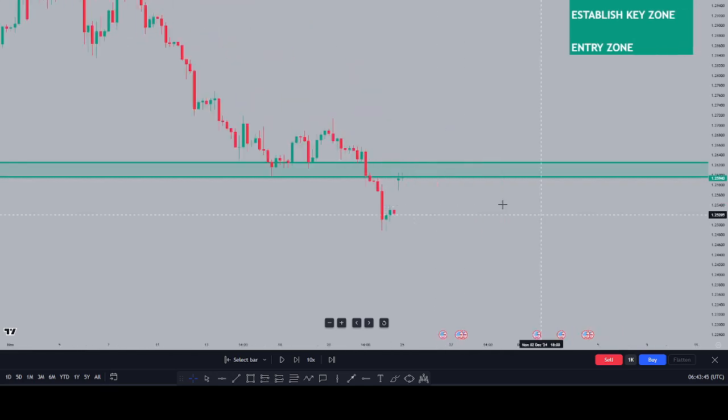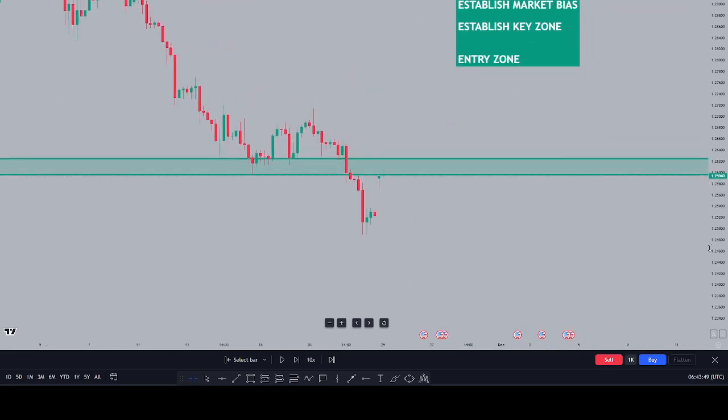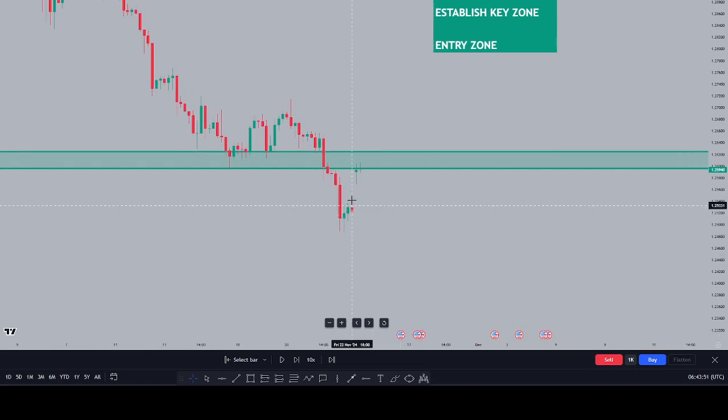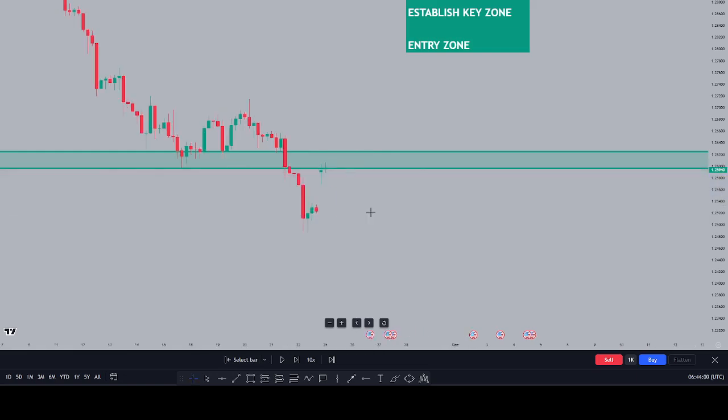Now, if you look at when the market opened on Sunday, there was a gap, right? Remember, whenever there is a gap, the market will surely come back and fill the gap. Now, if you look at the price action at my point of interest, we're having an indecision candlestick.